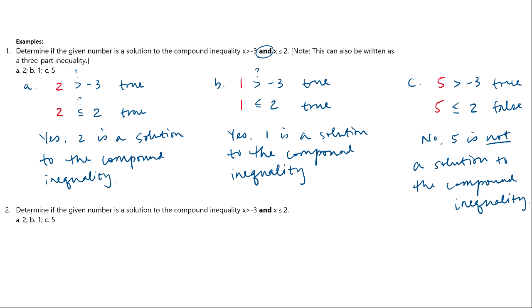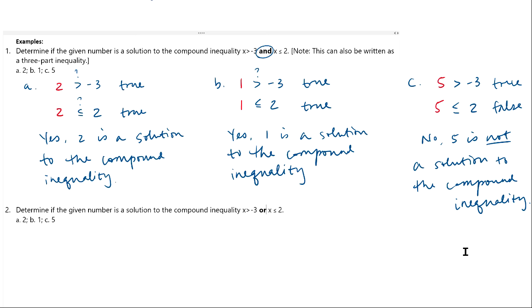Similarly, if we continue looking at number 2, the only difference between number 1 and number 2 is we change the word from "and" to "or." I noticed there was a typo. I meant this to be "or" over here. If we look at the case for "or," remember the only condition we need to meet is that at least one of the inequalities needs to be true.